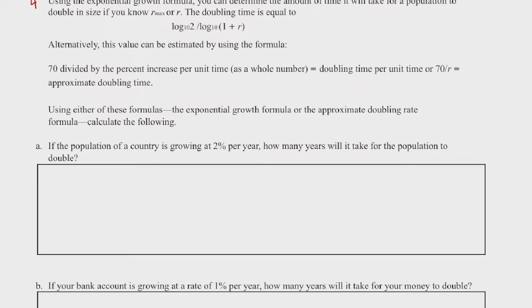So using the exponential growth formula, you can determine the amount of time it will take for a population to double in size if you know R max or R. The doubling time is equal to log 10 2 over log 10 of 1 plus R. Alternatively, this value can be estimated by using the formula 70 divided by the percent increase per unit time is equal to doubling time per unit time, or 70 divided by R, which is equal to the approximate doubling time.